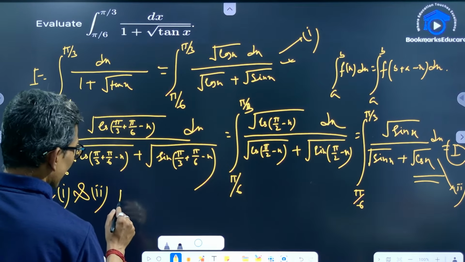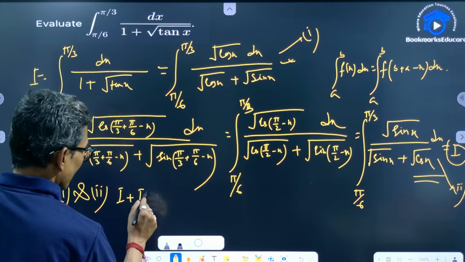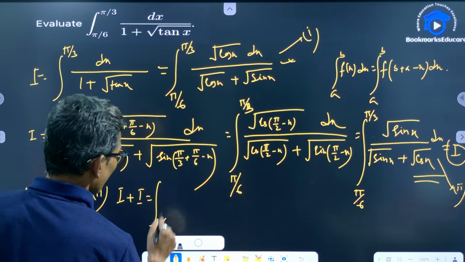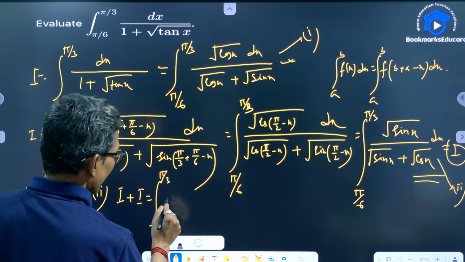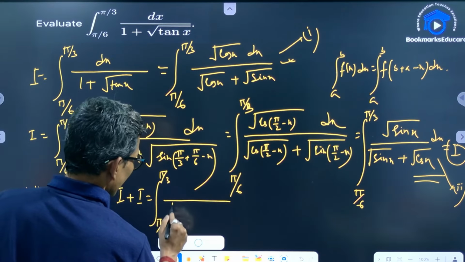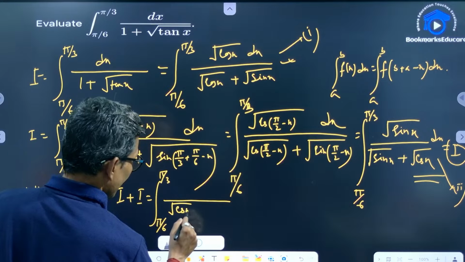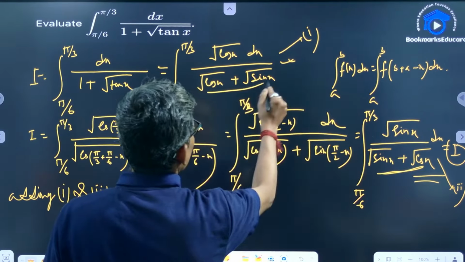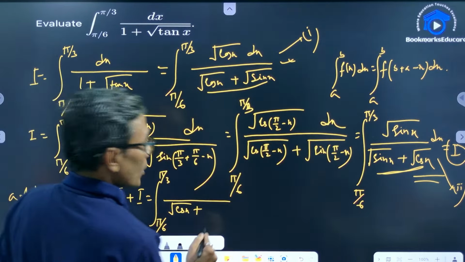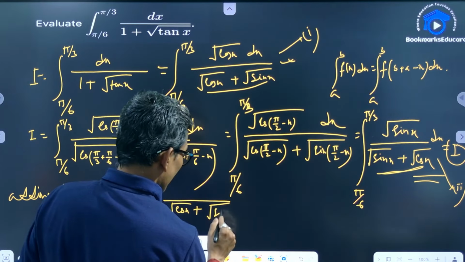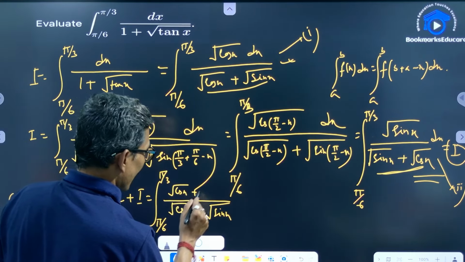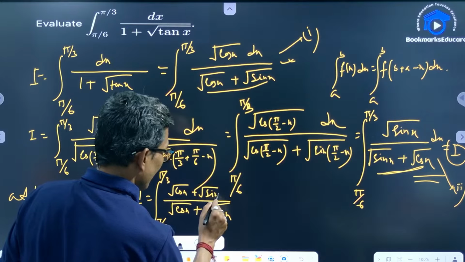I plus I is equal to integral pi by 6 to pi by 3 of root over cos x plus root over sin x, the denominator is the same for both so the LCM is the same, over root over of cos x plus root over of sin x.